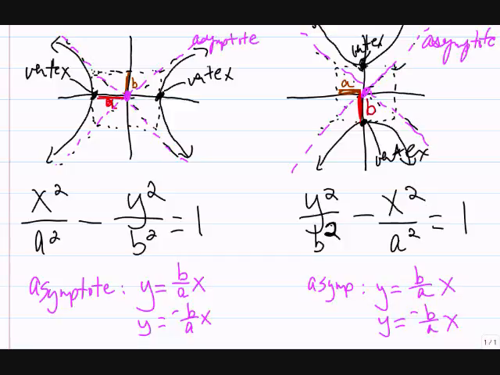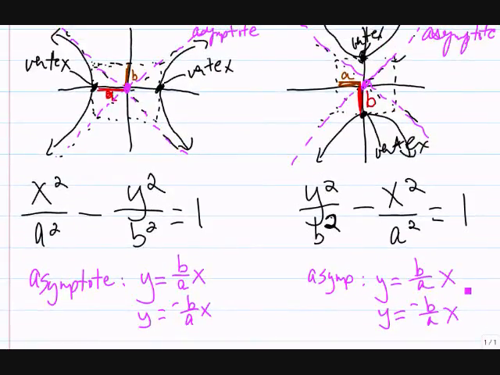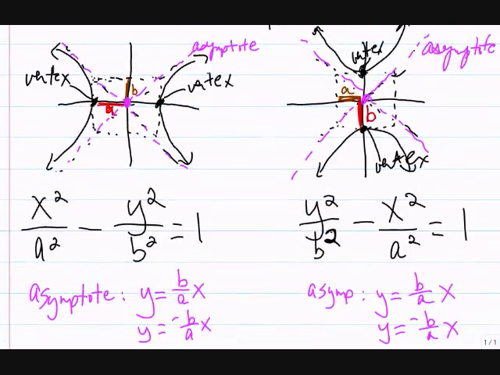The asymptote is going to be a very easy equation. b over a times x and negative b over a times x. a is the one that always goes with the x squared. b is the one that always goes with the y squared. That's the way we teach it in this course and in pre-calculus. Finding it easier to remember things, I think.